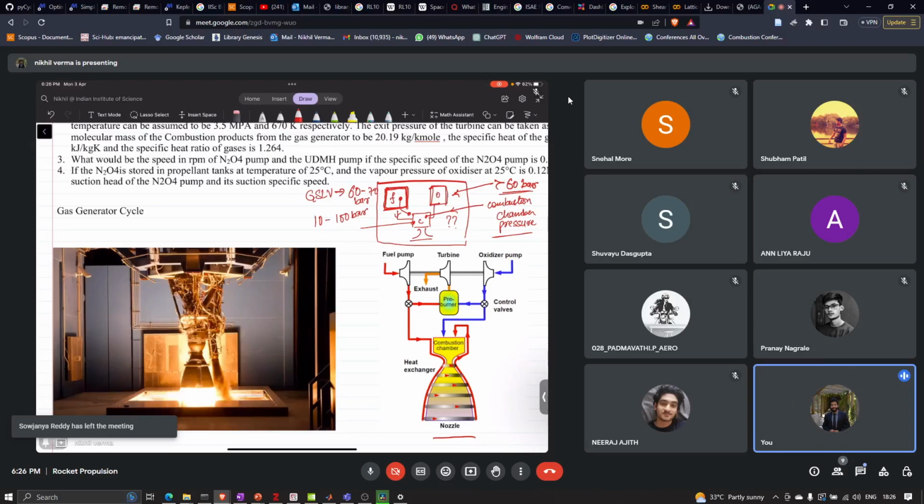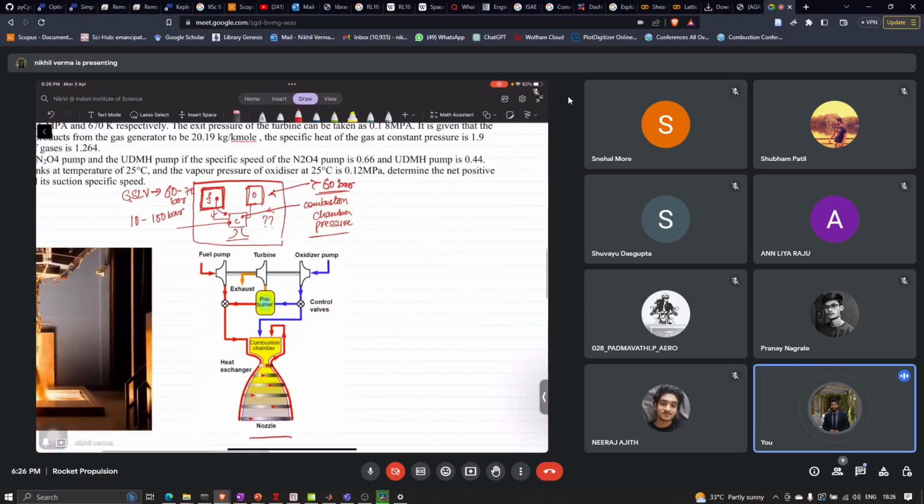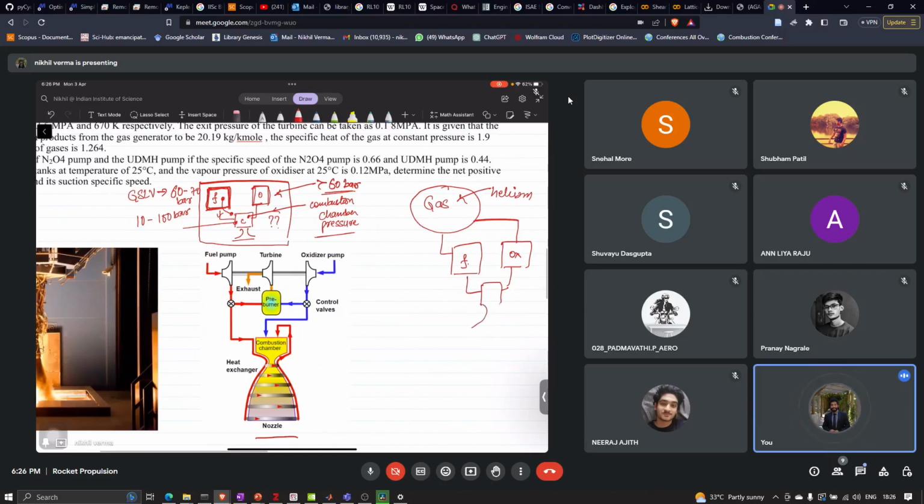Next, we can have engines where we have a gas stored, such as helium, and what they do is they pressurize the fuel tank and the oxidizer tank that can eventually push the fuel and the oxidizer into the combustion chamber, and they can react.